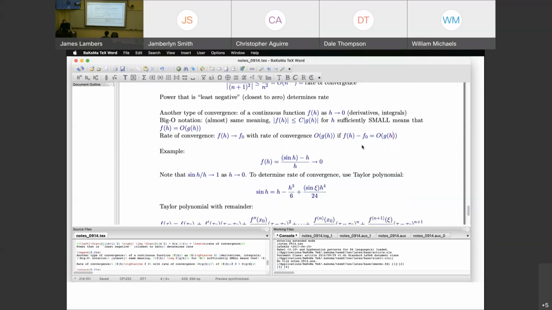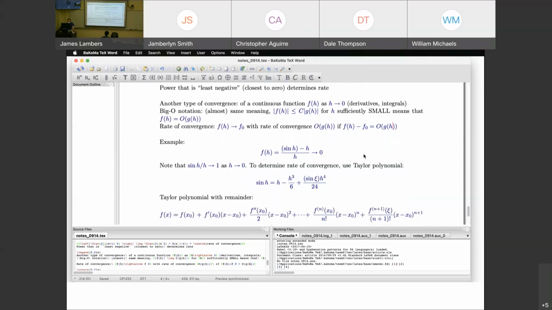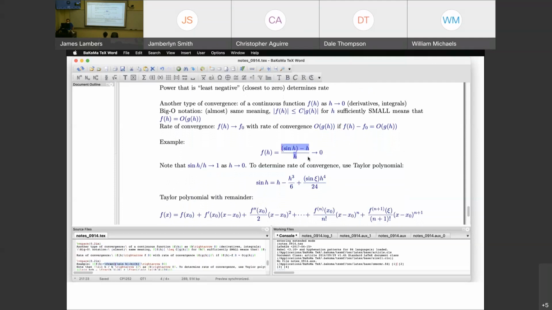So now I'll show you an example of that. So here's our expression, sine h minus h over h. And if you were to take the limit of this, you would find that it converges to 0. And then over here we're using the limit that as h goes to 0, sine h over h converges to 1.